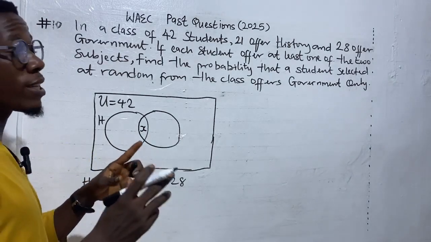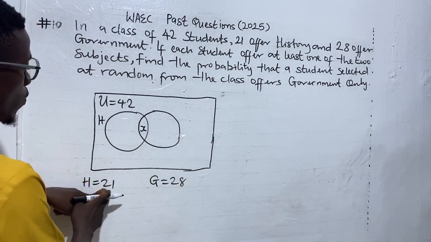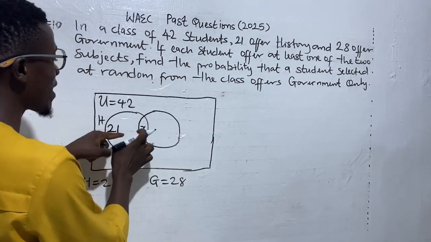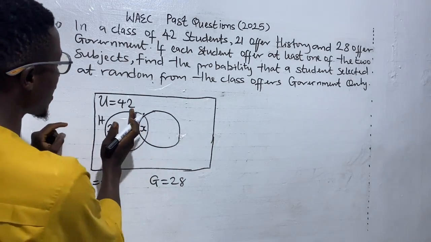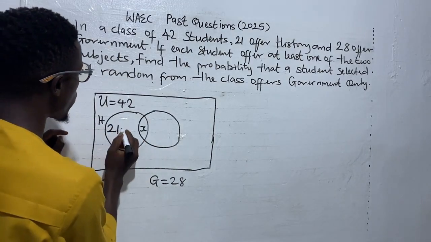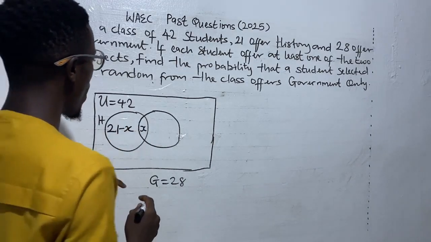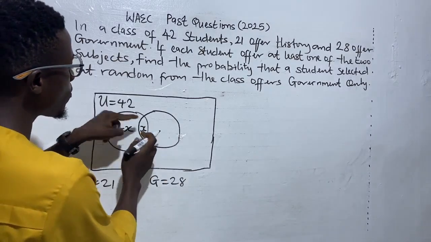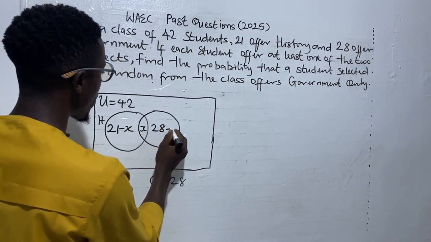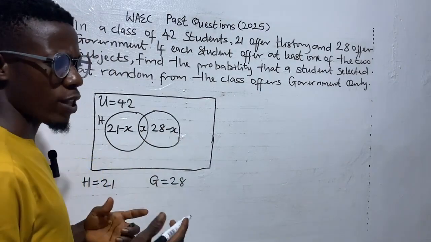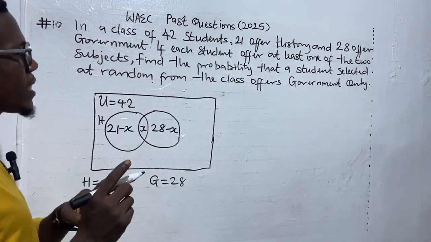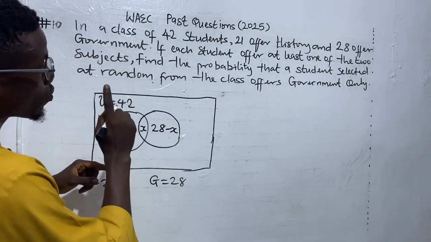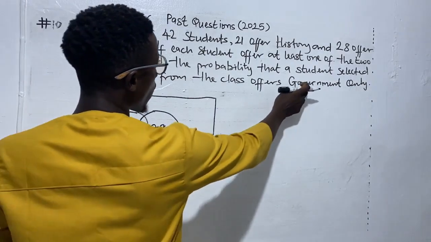The total number of students that offer history is 21. That means the whole of this circle is 21, including the intersection. So only this section is 21 minus x. While the number of students offering government is 28, so government only will be 28 minus x. Now we are told to find the probability that a student chosen at random will offer government only.